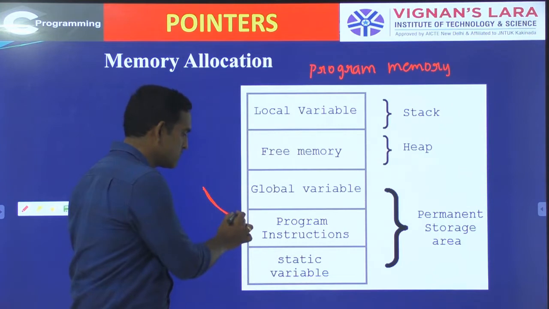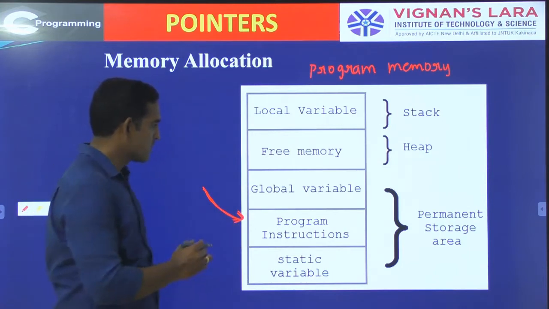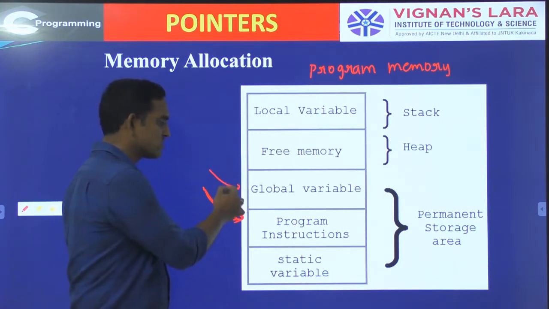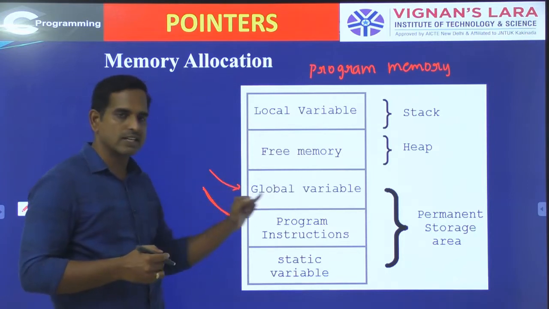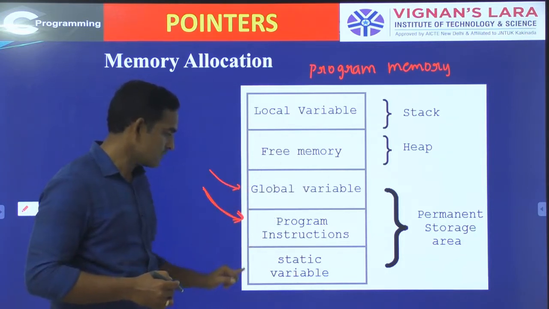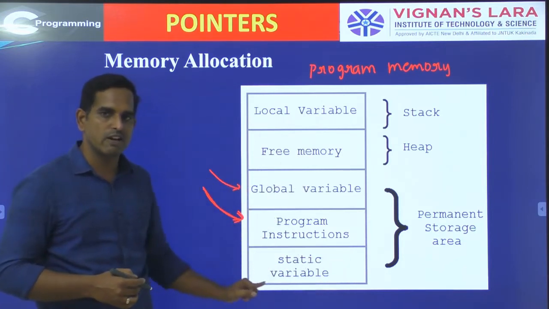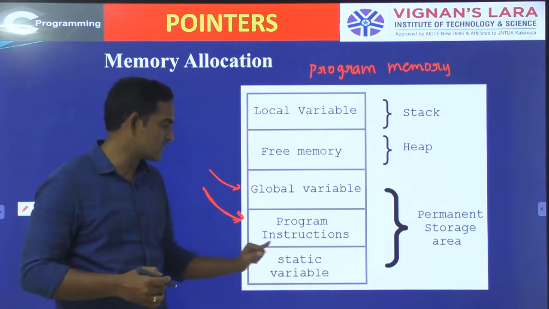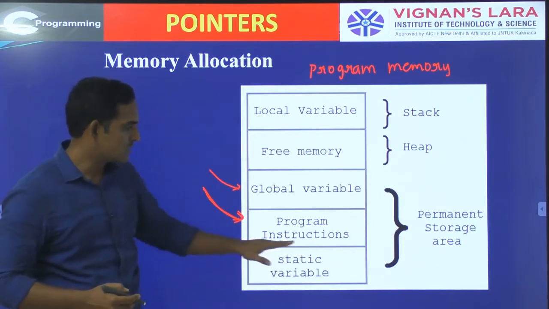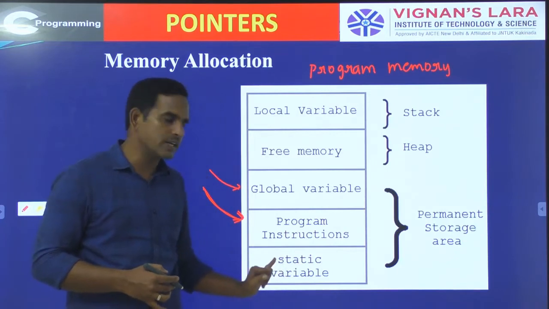The instructions will be stored in one particular place, and the global variables which you declare in your program will have a separate location, and the static variables which you declare will have their own location.